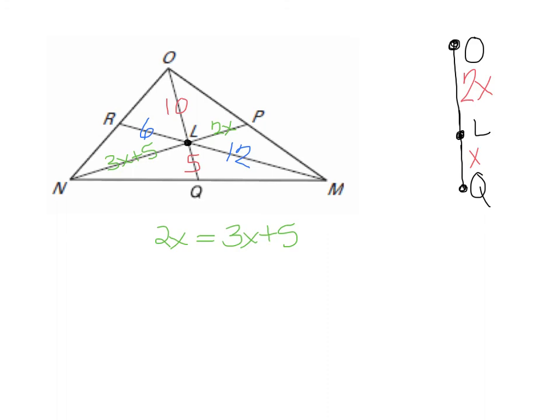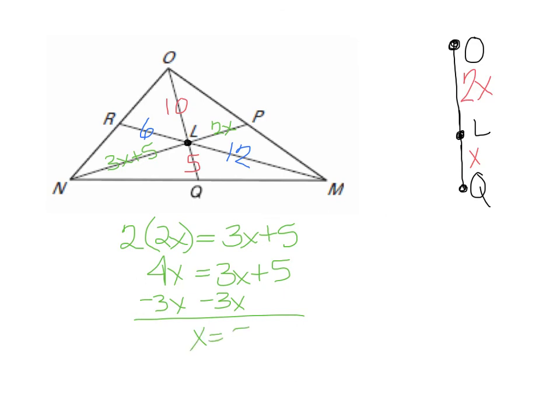So instead, you can't say that they're equal. You have to manipulate one of the pieces. Like we've been doing with the midsegments, we're going to double the little piece. So to solve here, you actually have to double the little piece before you can set it equal to the whole thing. So once I double the little piece, then I can go ahead and solve. And now I know that x is 5.